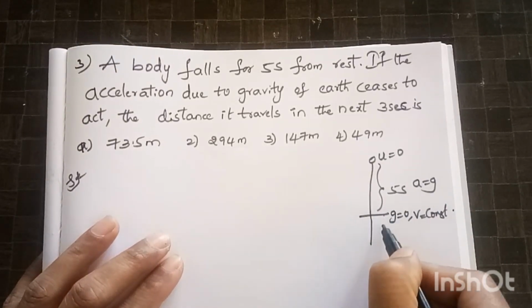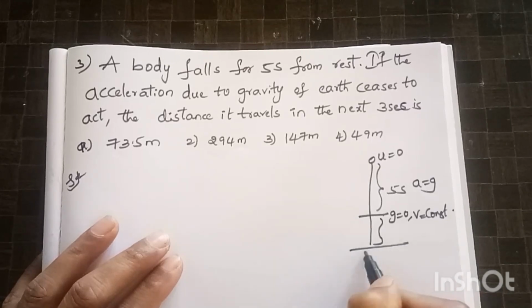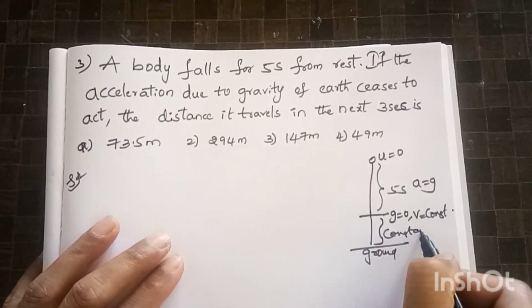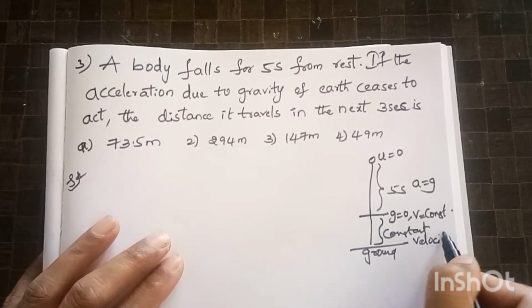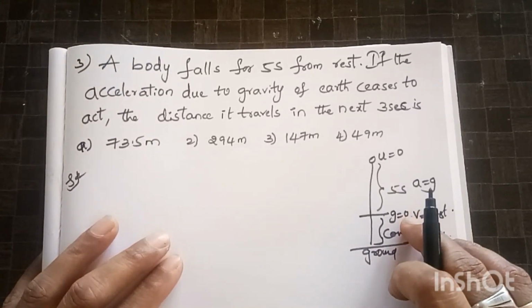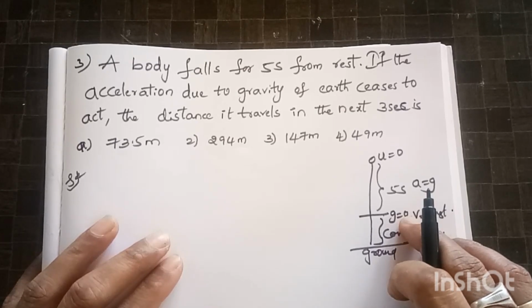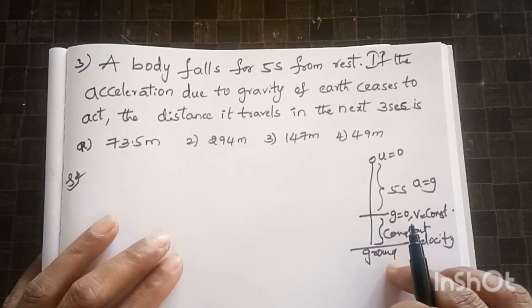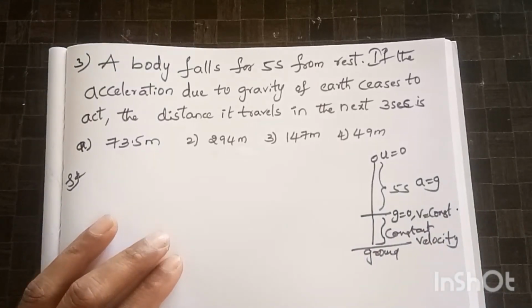From that point, the object reaches the ground with constant velocity. After acceleration due to gravity has ceased, the remaining distance is traveled by the body towards the ground with constant velocity.